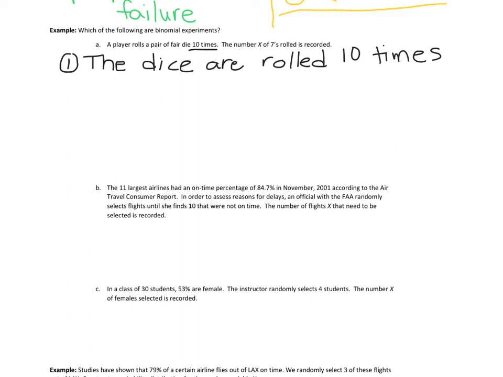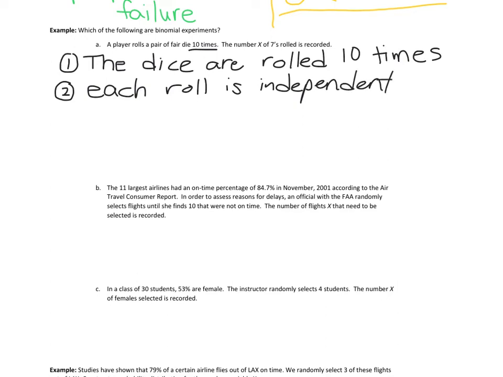Next, the trials are independent. And it's true, if we have fair dice, each roll is independent of the next roll. Number 3, each experiment has 2 disjoint outcomes.